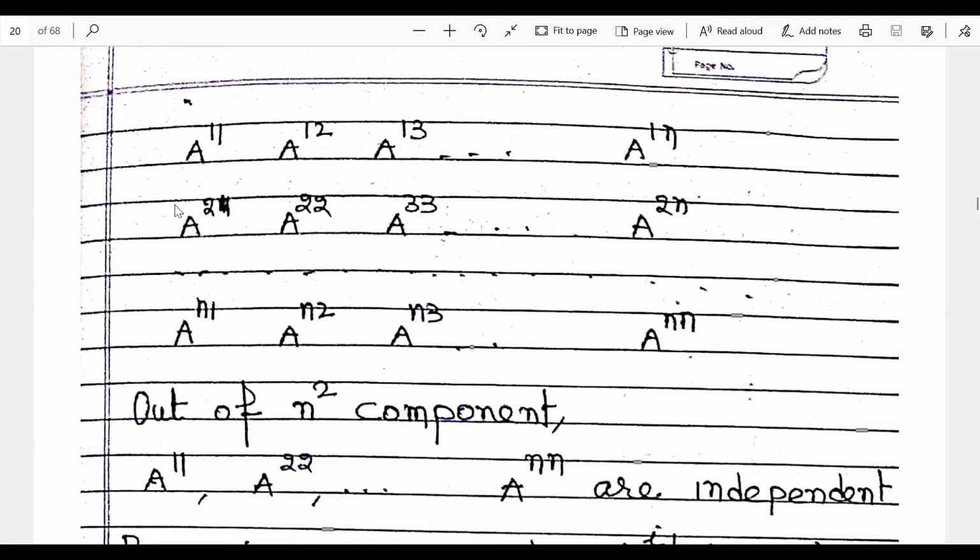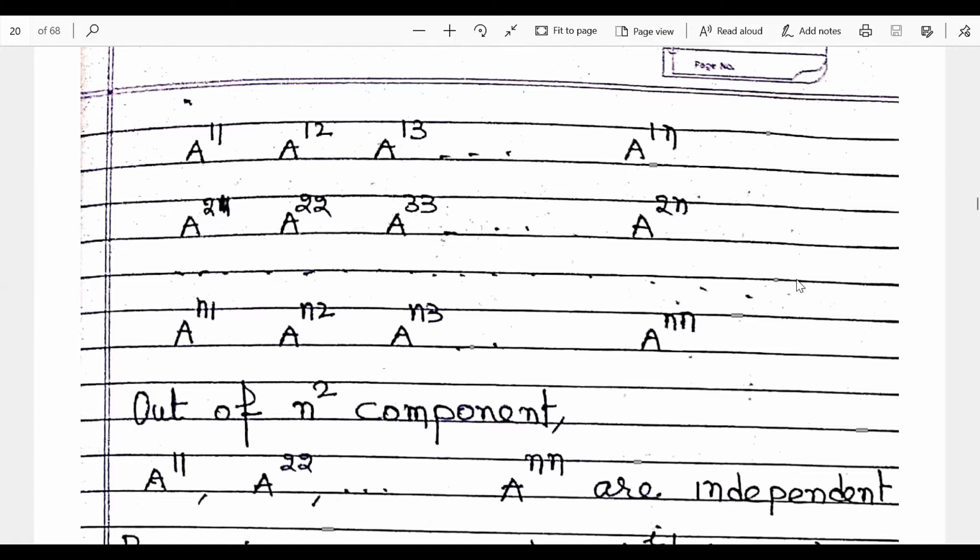A12 is equal to A21, A13 is equal to A31, A14 is equal to A41. Because of the symmetry property, only the diagonal components are independent. These components number n. So the total components are n square, from which n components are independent.